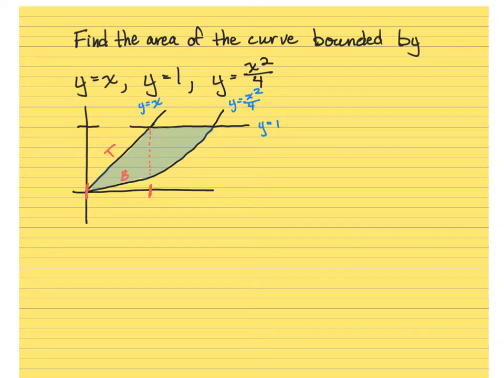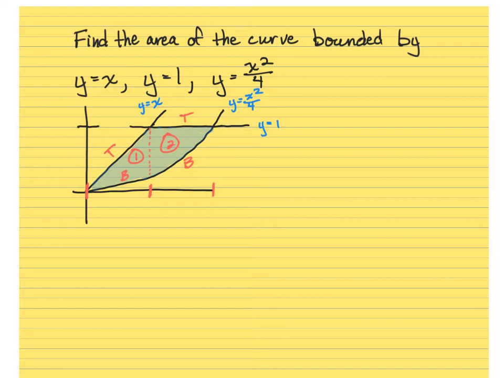But from this point right here to this point, we have a new top and a bottom. And sometimes the tops and the bottoms will switch if you've got curves that are overlapping. So it's not a big deal, but what you have to do is set up different integrals for the two different areas.